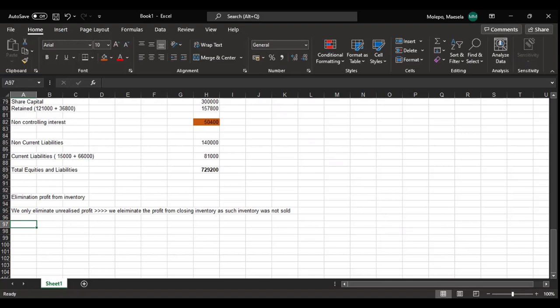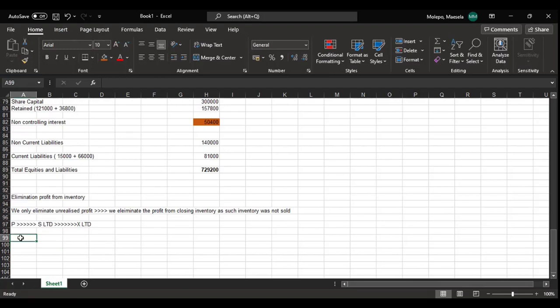So based on the example that we had, the one of P, S, and X, P is the parent. He sold inventory to S. Whereas S sold inventory to X. So we were given that the inventory that P sold was at 100 plus.